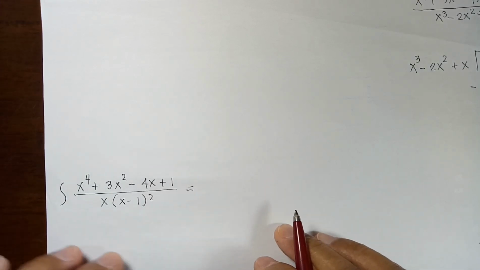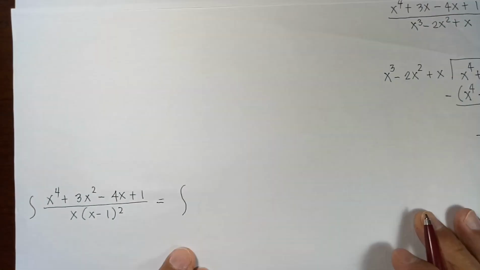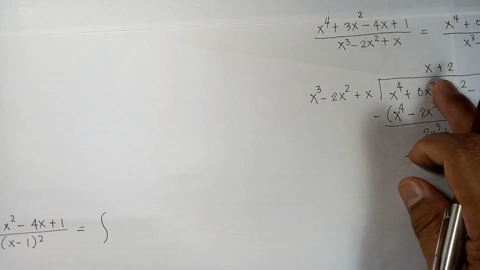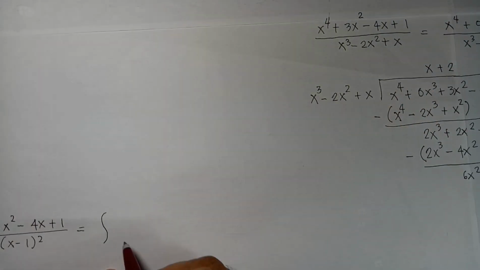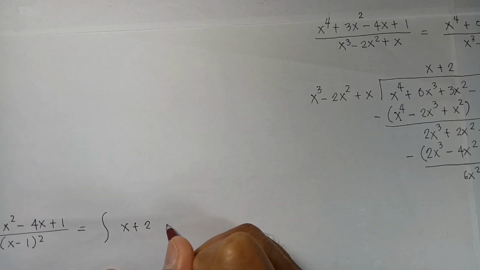So it is also equal to the integral of its quotient. So the quotient is x plus 2. So that is our quotient, x plus 2.